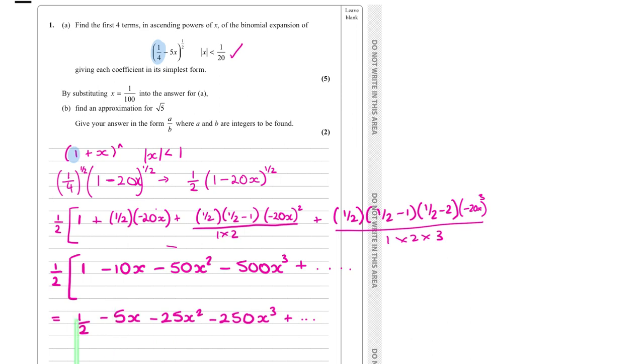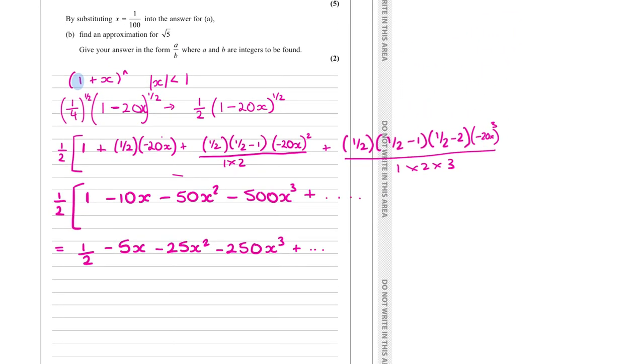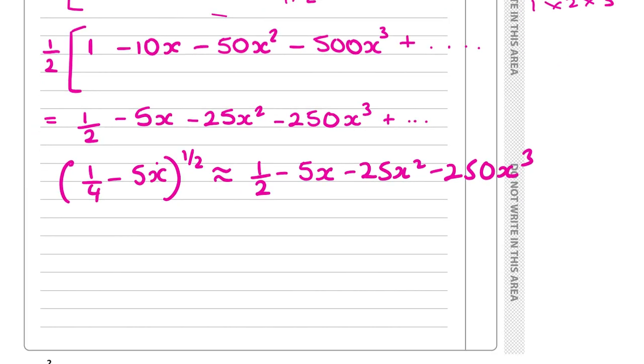Now, we already know that a quarter minus 5x to the power of a half is approximately a half minus 5x minus 25x squared minus 250x cubed. If I substitute in 1 over 100, this is what's going to happen.